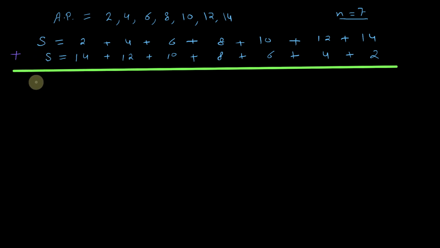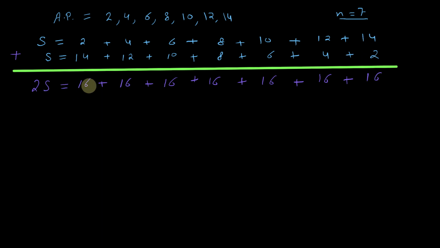So s plus s is 2s. 2 plus 14 is 16, 4 plus 12 is 16, 6 plus 10 is 16, 8 plus 8 is again 16, 10 plus 6 is again 16, 12 plus 4 is again 16, and finally 14 plus 2 is 16.